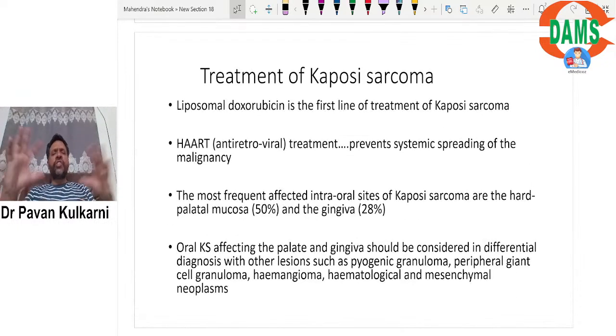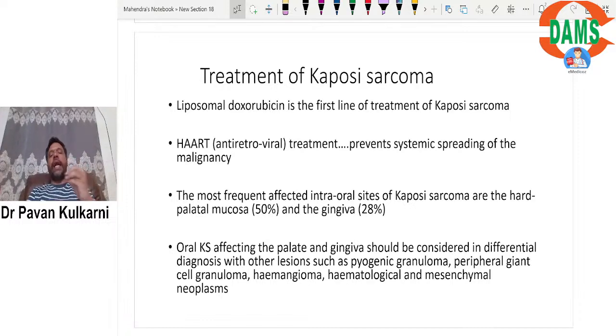Now coming to the treatment of Kaposi sarcoma. Again, this is a very potential question. Kaposi sarcoma, all of us know, is a soft tissue malignancy or soft tissue sarcoma, which usually is seen in AIDS patients, HIV positive patients. In these patients, usually they will give liposomal doxorubicin.